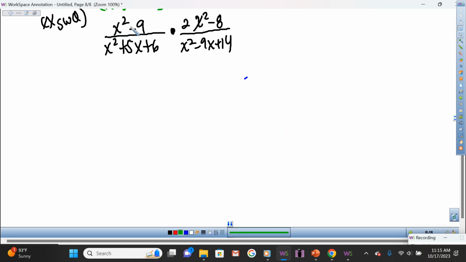So once again, tell your neighbor factors for x squared minus 9. The same one? So the factors are x plus 3, x minus 3.